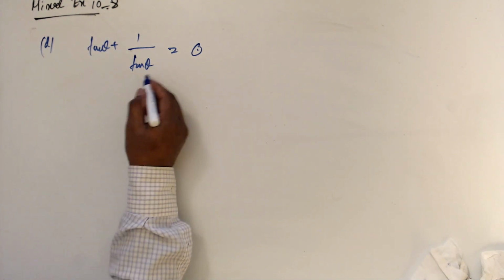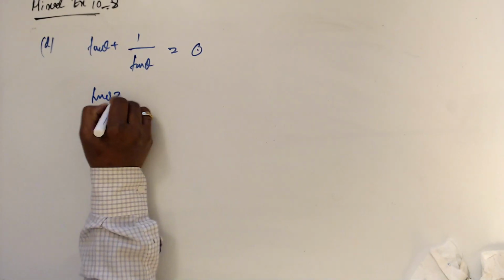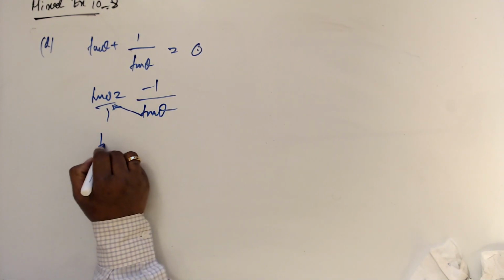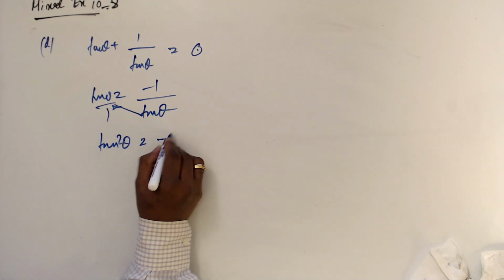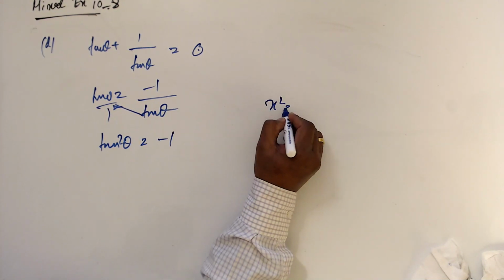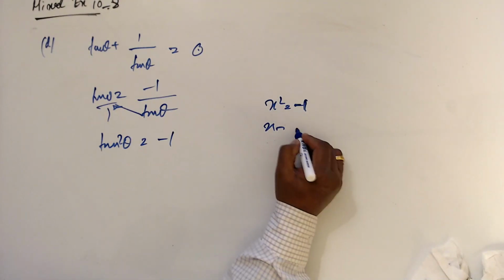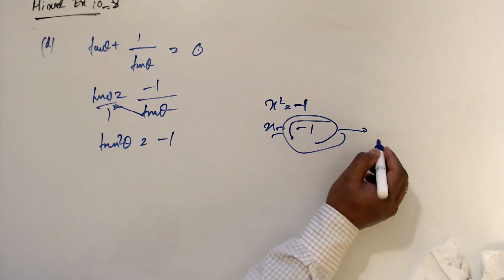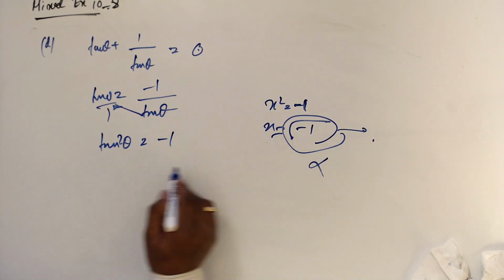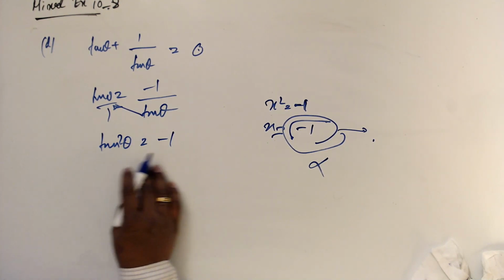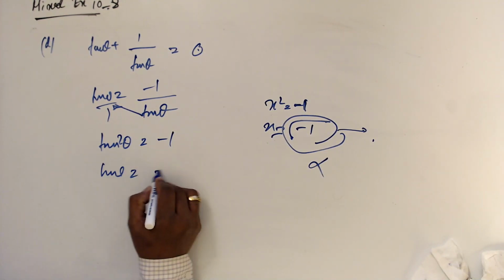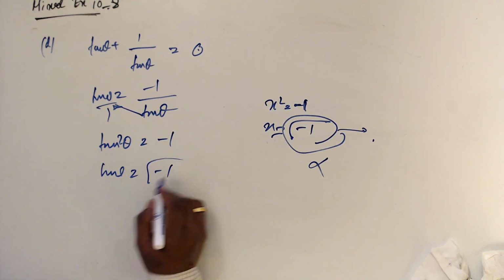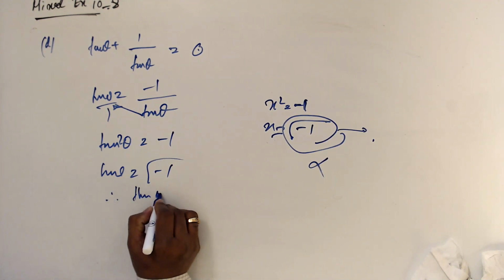Part D: tan theta plus 1 over tan theta equals 0. So tan theta equals minus 1 over tan theta. Cross multiply: tan squared theta equals minus 1. So x squared equals minus 1. Can you find the square root of a negative number? Unless you go to complex. So tan theta equals minus square root 1.